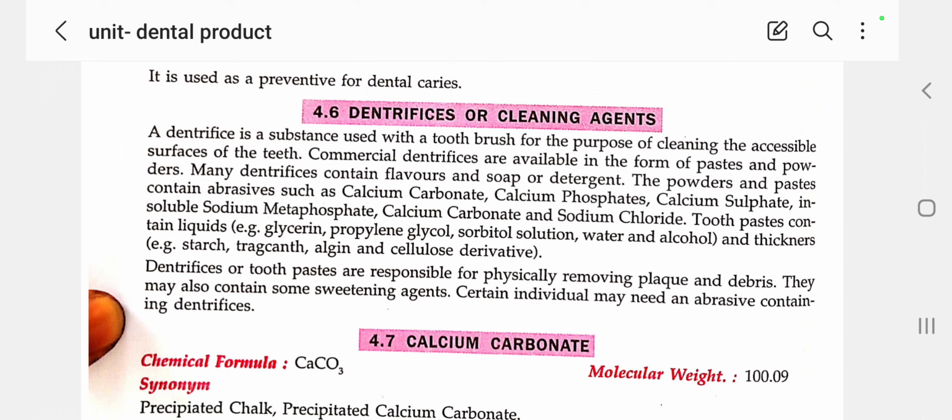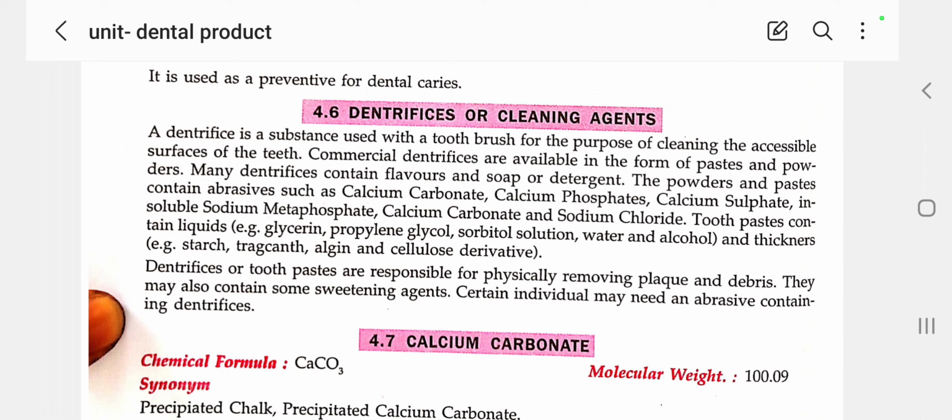So toothpaste contains some liquids, some thickeners, and also some abrasive, that is, medicinal substances like calcium carbonate, calcium phosphate, calcium sulfate, insoluble sodium metaphosphate, and sodium chloride. Dentifrices or toothpaste are responsible for physically removing plaque and debris. They may also contain some sweetening agent.